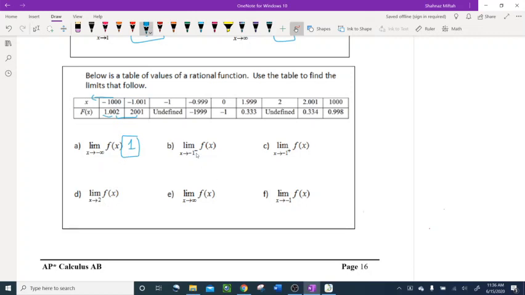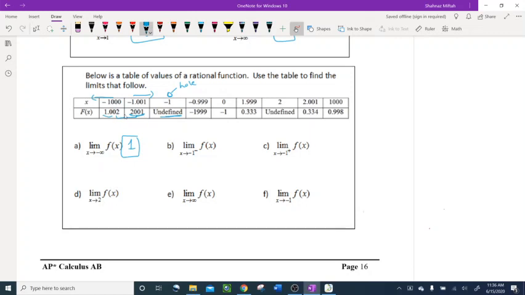Limit as x approaches -1 from the left. This is -1, and that's left. Do you see the -1 is undefined, which means there is a hole at -1? So when I go from the left side, I'm going to stop here and go arbitrarily close. This is my arbitrarily close value, 2001. And again, check the difference.